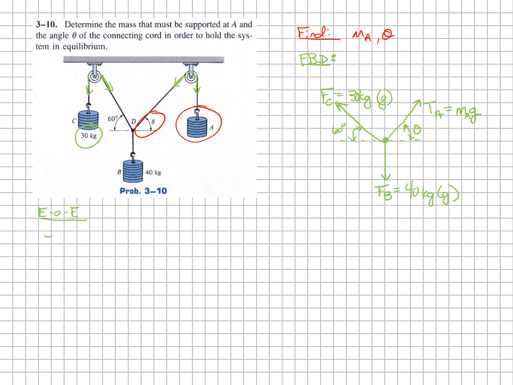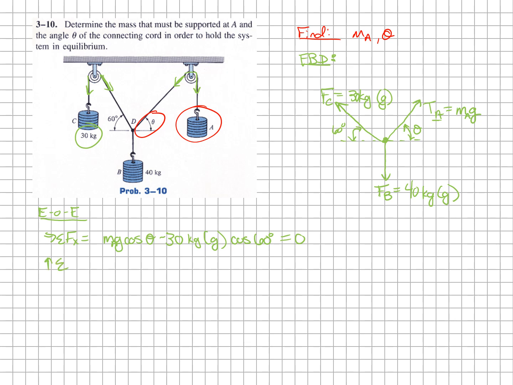The sum of the forces in the x direction, we have mAg cosine of theta for this TA component, minus 30 kilograms times g times cosine of 60 for the x component of my FC, and that's equal to 0 because I don't have any x components of my FB.